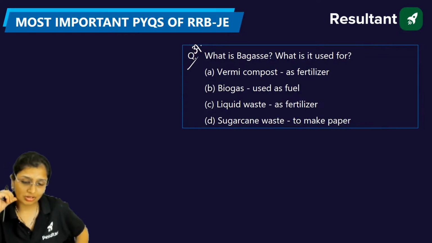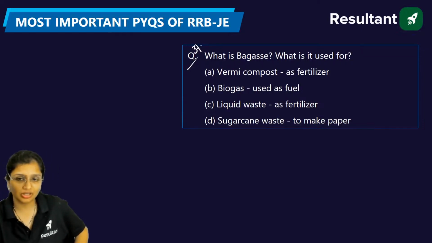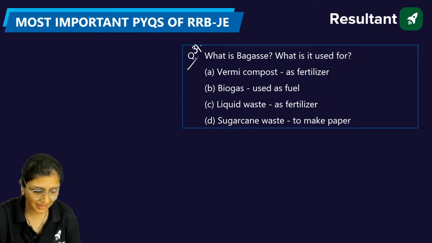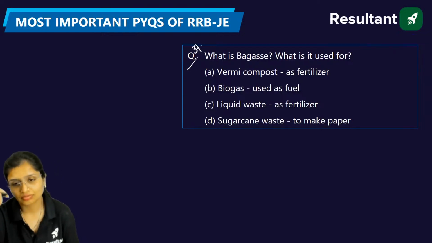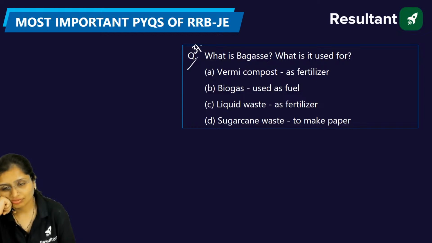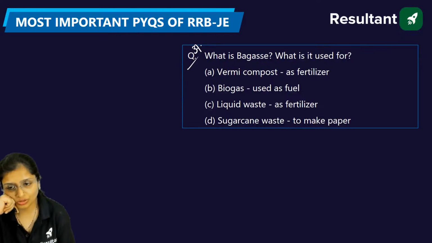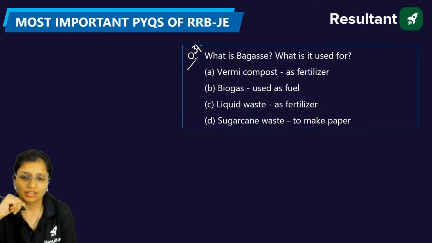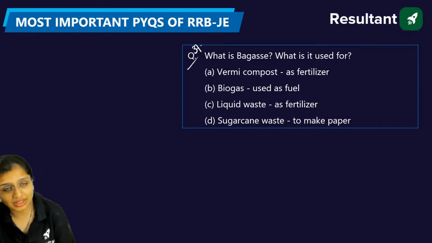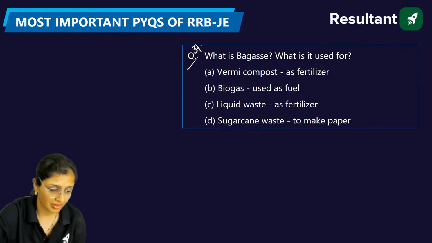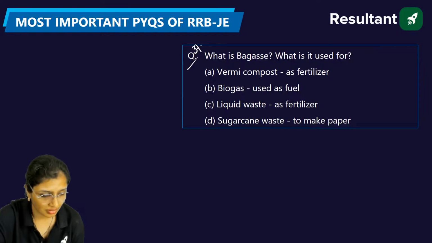This you would have heard also. Bagasse. No. Compost, you don't use it for that. What is this bagasse? पहले तो बताओ ये है क्या चीज, फिर यूज किसके लिए होता है? Tell us that.